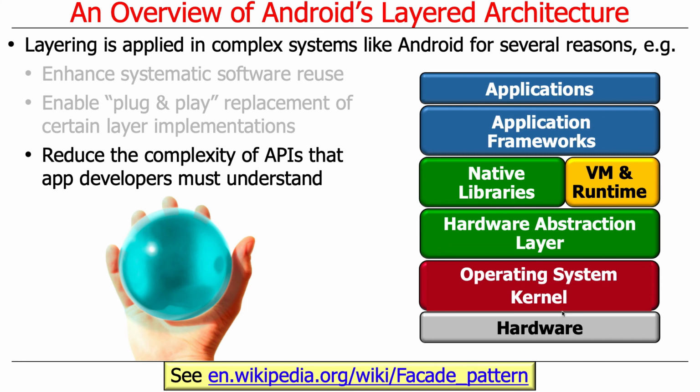Another benefit of layers is reducing the complexity of the APIs that the app developers must understand. This is really about trying to reduce the surface area that you need to be aware of. So what the heck does that mean?